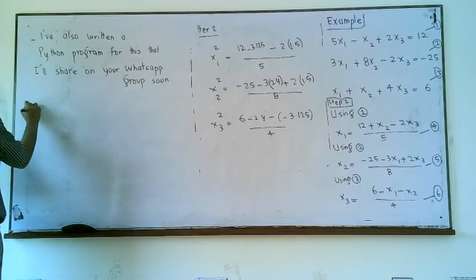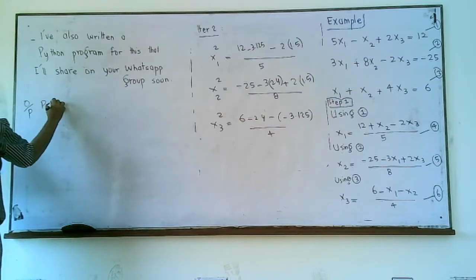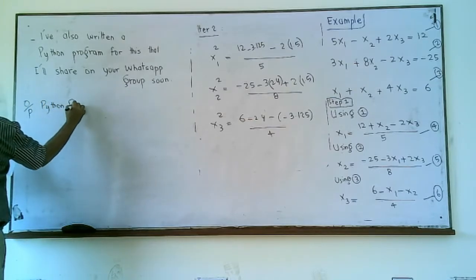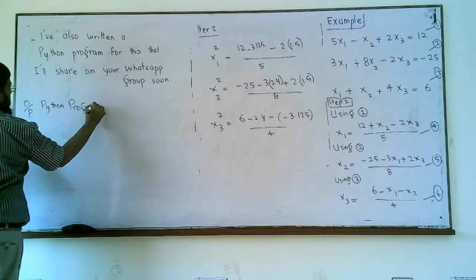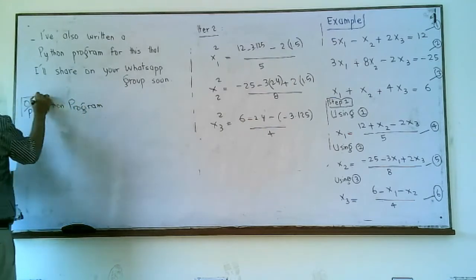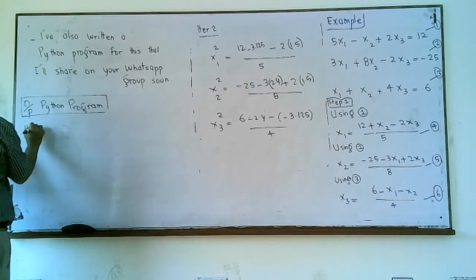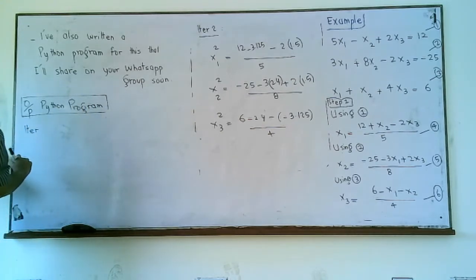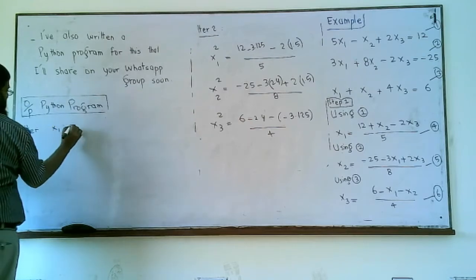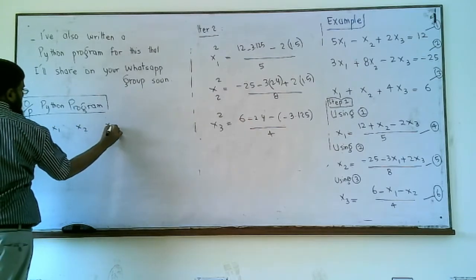Right, so the output of my Python program is this. Iteration number, I get x1, x2 and x3.